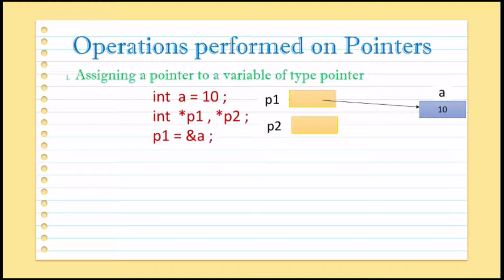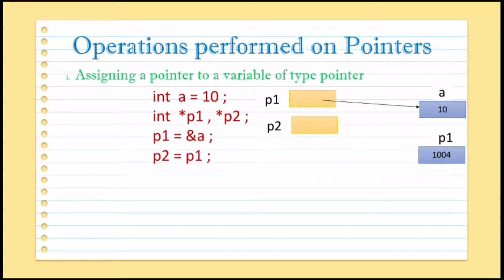The address is decided by the computer, that is, on which location that particular variable needs to be stored. So suppose the address of a is 1004, so p1 will hold the value 1004, that is the address of a.